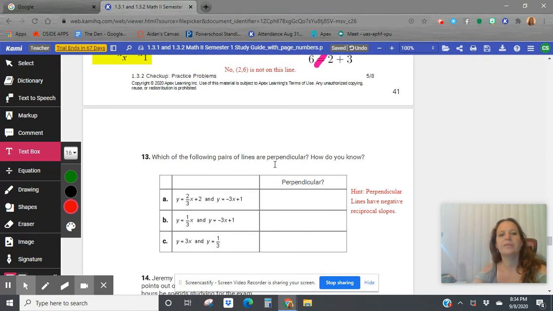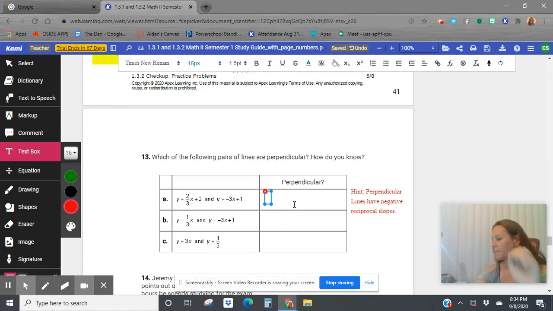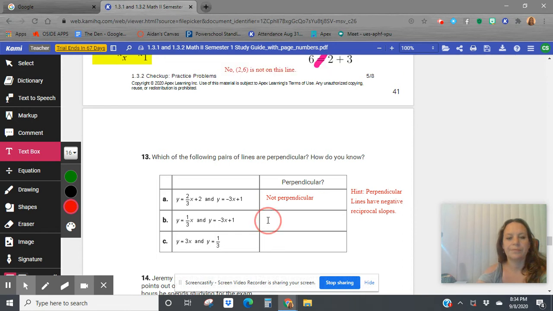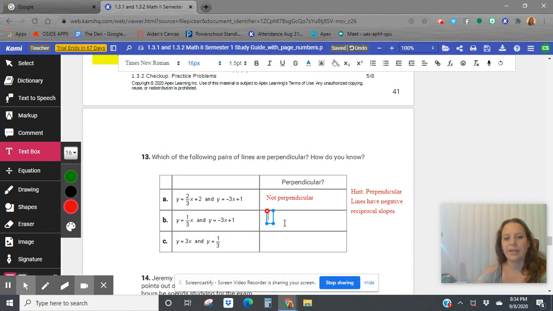Which of the following pairs of lines are perpendicular? How do you know? So here we have a 2/3 slope, and here we have a negative 3. These are not perpendicular because there's no perpendicular slopes. 1/3 and negative 3, these are negative reciprocal slopes.